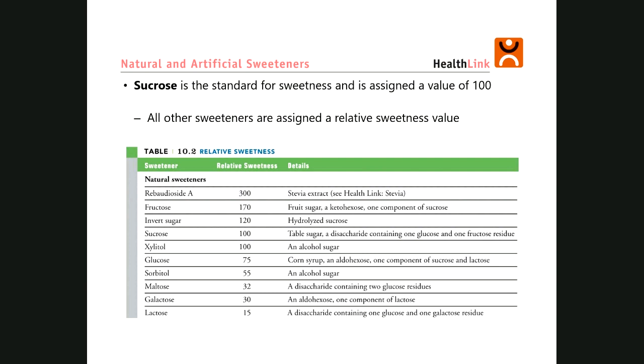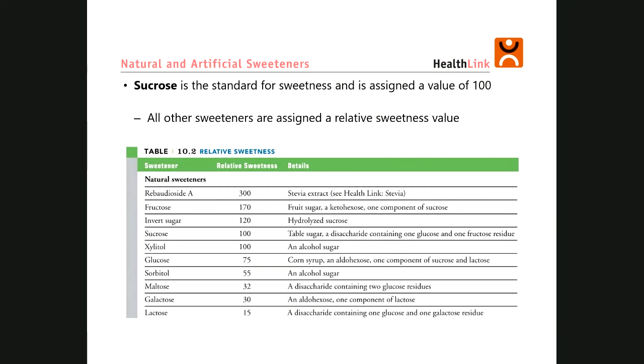So, some interesting information that you should be aware of if you are pursuing a degree in nutrition. Some of this discussion is going to be important for you. So sucrose is what we call table sugar. This is the standard for sweetness for a variety of different things.